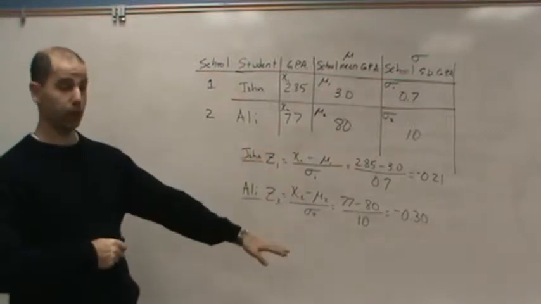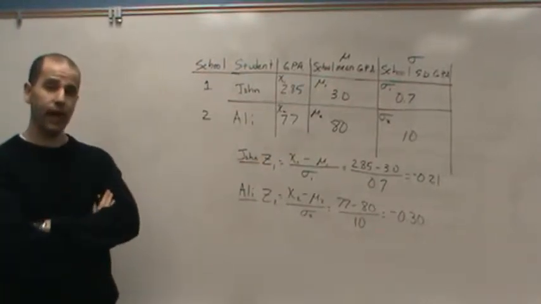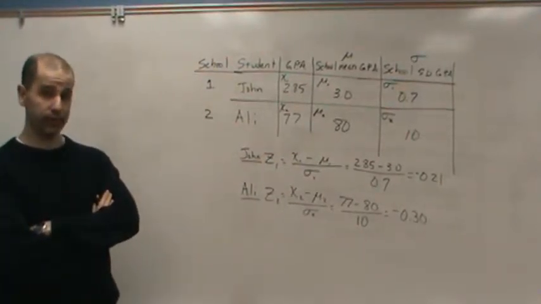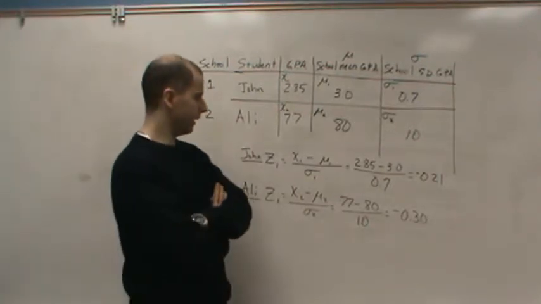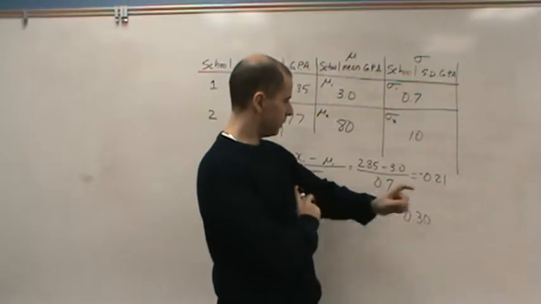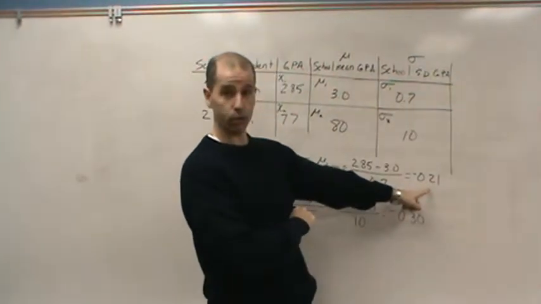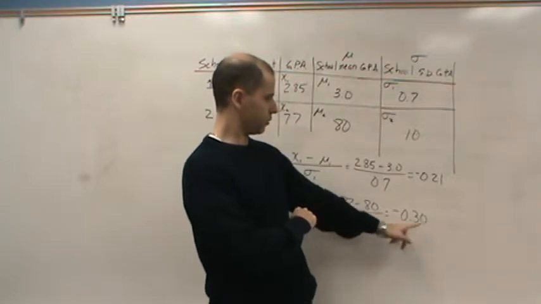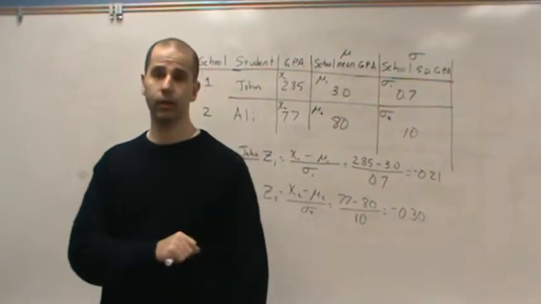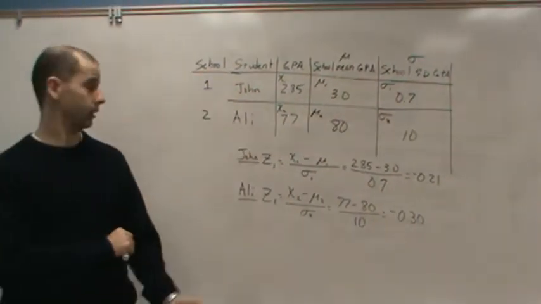Well, they're both below the mean, but which one is higher? Which one's closer to the mean in this case? So the one that did better is going to be the one that is smaller negative. So this one is higher than this one. So who did better relative to their school?